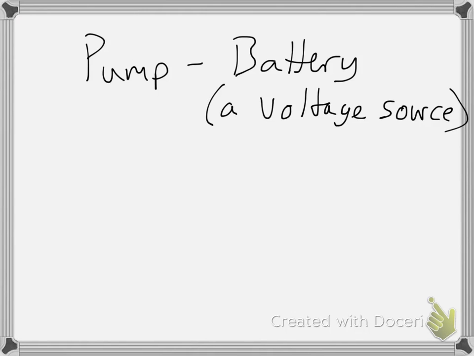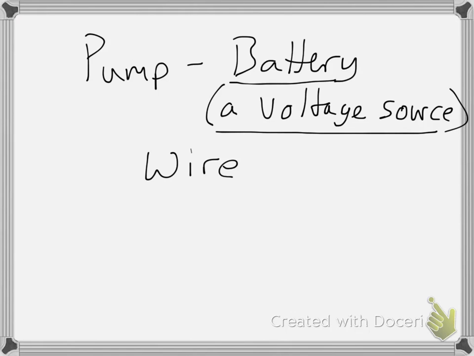You can buy 1.5 volt batteries, 6 volt batteries, 9 volt batteries, generally multiples of 1.5 or 3. So you need a pump, or a battery, or simply a voltage source, and you need some wire with which for the current to flow.